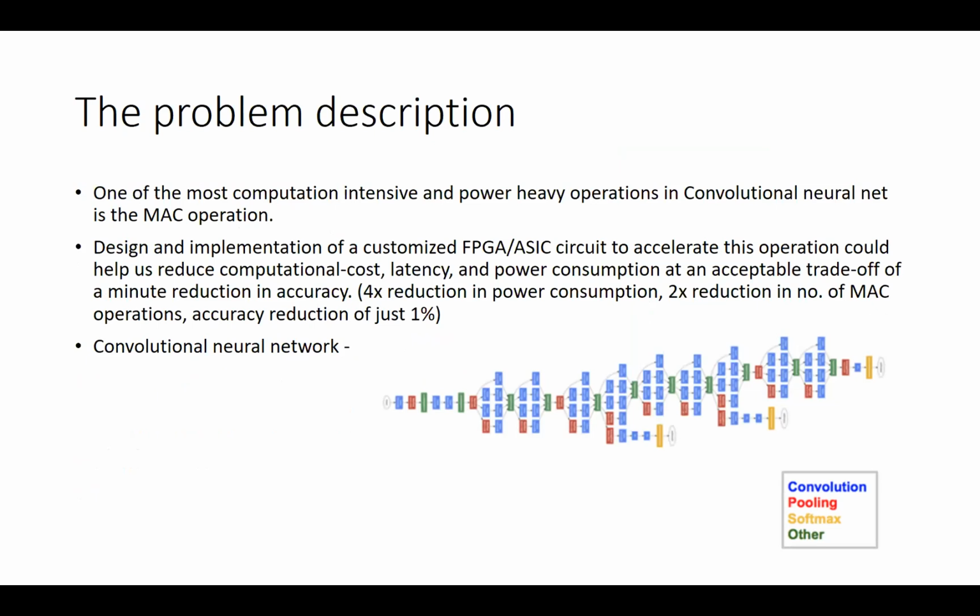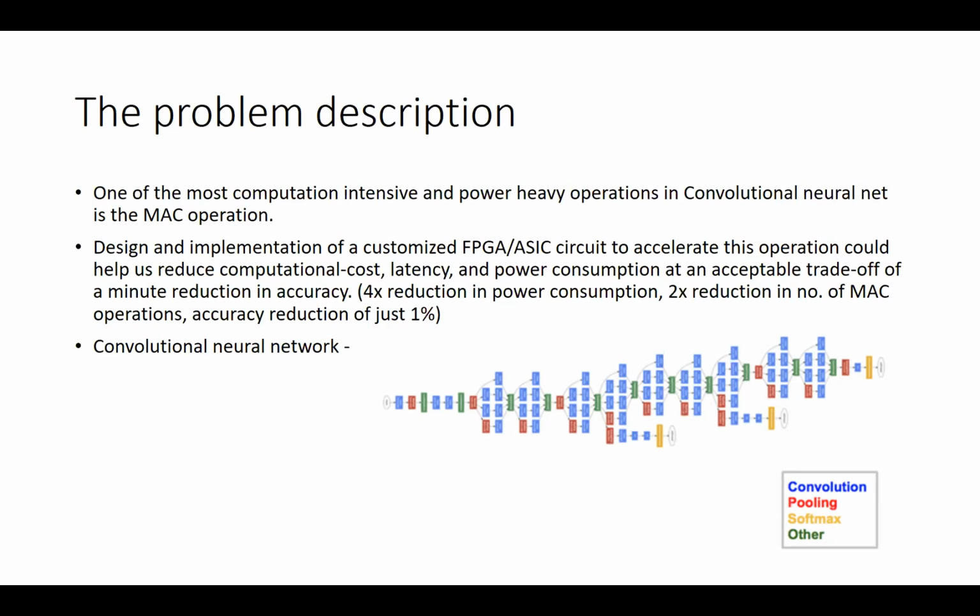As you can see in the diagram on the bottom right, this is a convolutional neural network developed by Google. All those blue colored boxes indicate the convolution components of this neural network. One of the key elements of this convolutional element is the MAC operation, or the multiply accumulate operation.